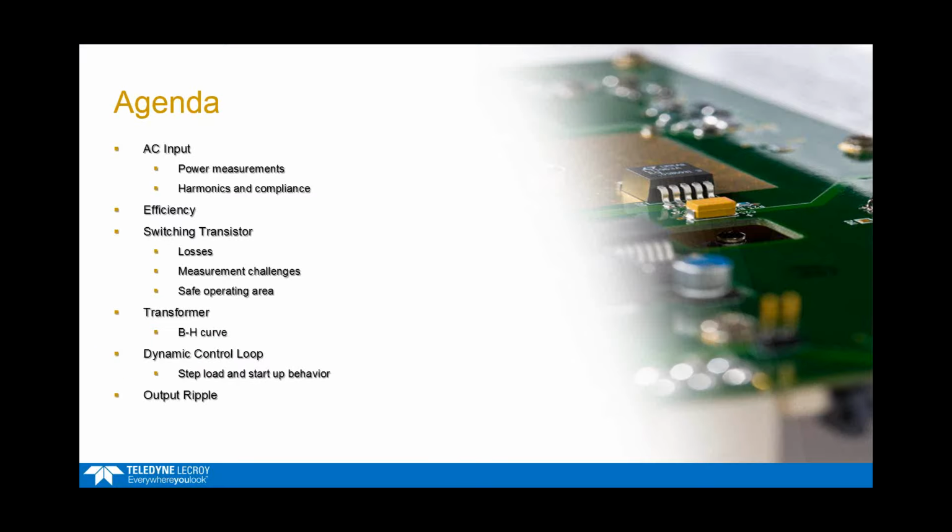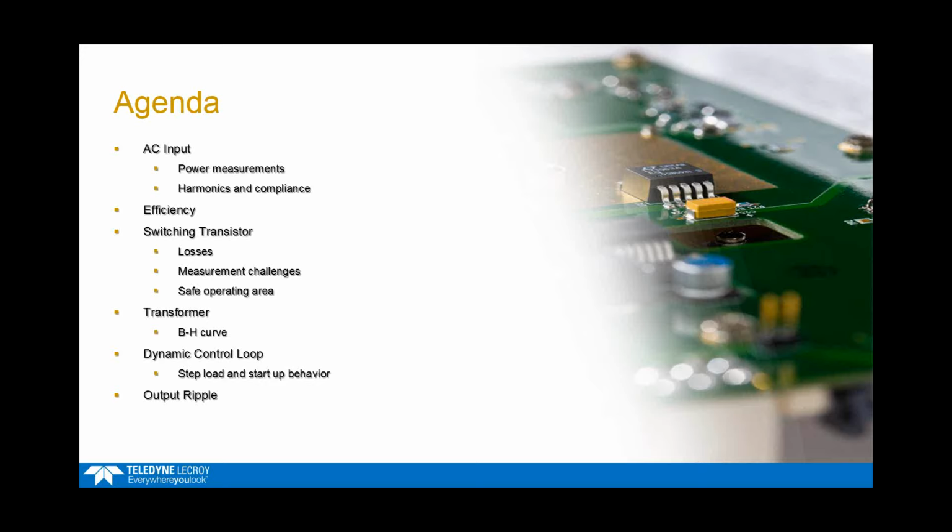So we're going to try to cover a good amount of stuff today, starting with the AC input to the power supply here and looking at some of the measurements we can make, including some power measurements, efficiency, harmonics, and compliance measurements. And then a lot of the presentation is actually going to be on the switching transistor itself, which might be a MOSFET or an IGBT, and the losses and measurement challenges and some other things around the transistor itself.